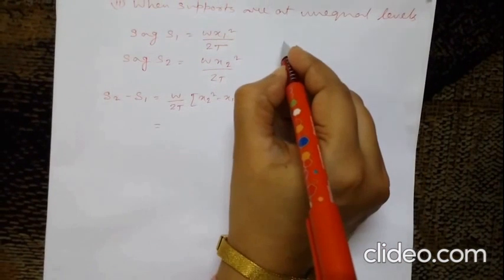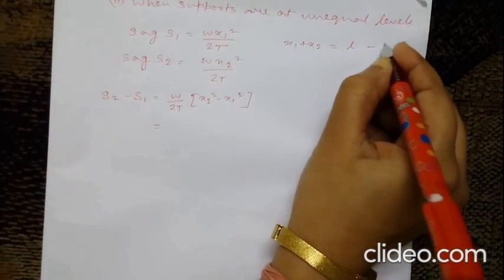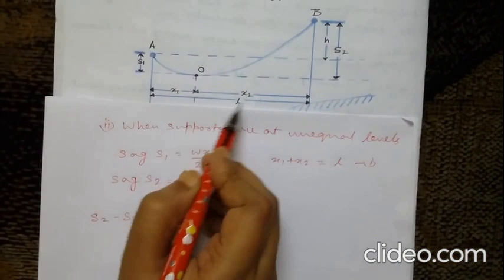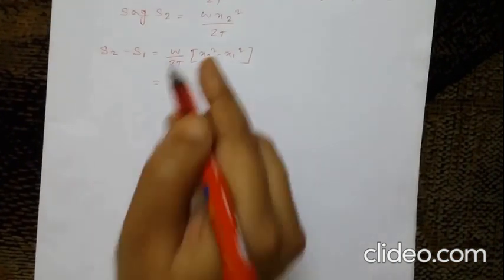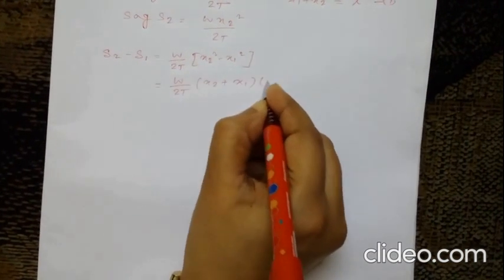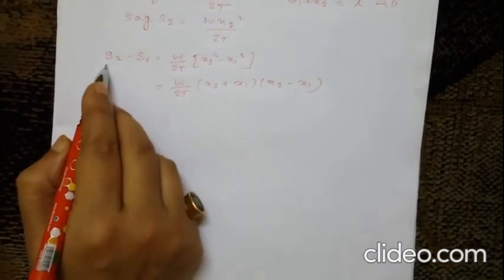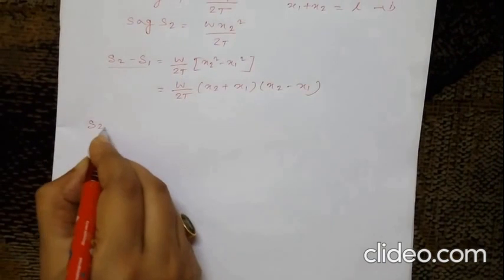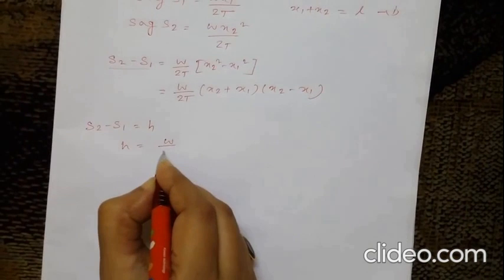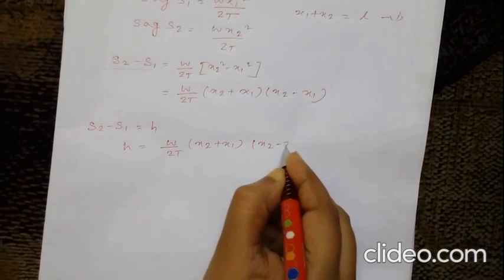And also I can write x1 plus x2 equal to l, from the figure. So you can write w by 2T (x2 plus x1)(x2 minus x1). Also h2 minus h1 equal to h. So h equal to w by 2T (x2 plus x1)(x2 minus x1).